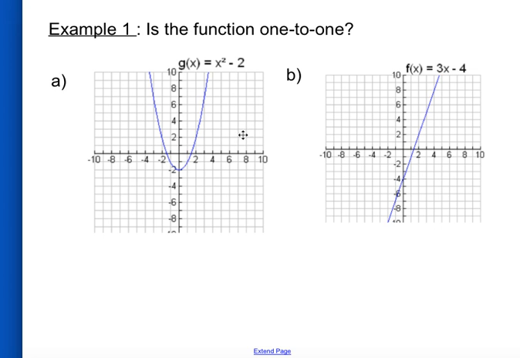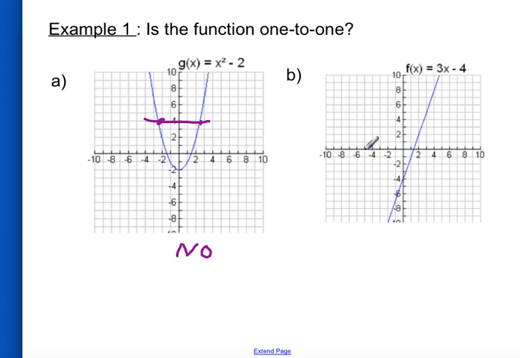Now, if you're given a graph, you can definitely just use the horizontal line test to figure out if something's one-to-one. If I take a horizontal line and draw it through my graph, you can see it passes in 2 points. You've got a point there and a point there. So definitely no, this is not a one-to-one function because it fails the horizontal line test.